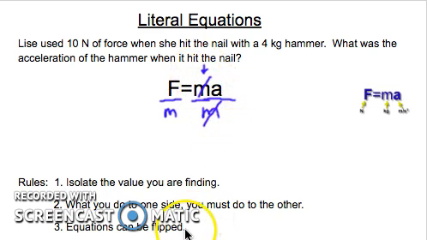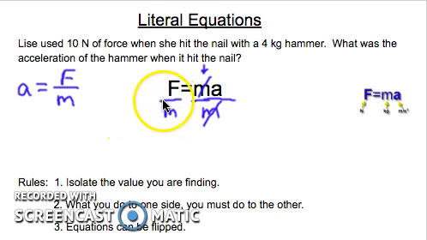Now notice it says equations can be flipped. What you have now is F over m equals a. I want to flip that because it just seems to work best when you have the value you want on the left side and then what you plug in on the right side. So this literal equation has given you what you need for a, and you could then plug things in.